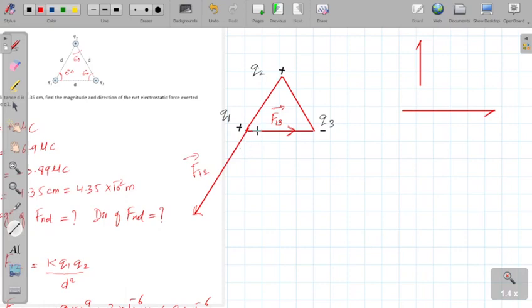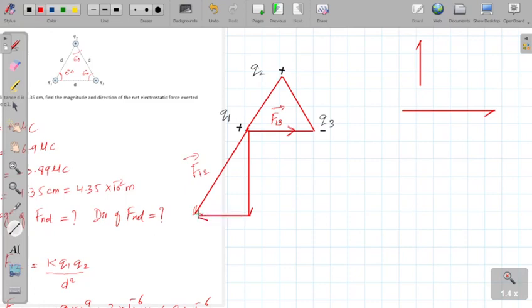So the two components of this force I denote like that. The second component will be in the negative x direction.